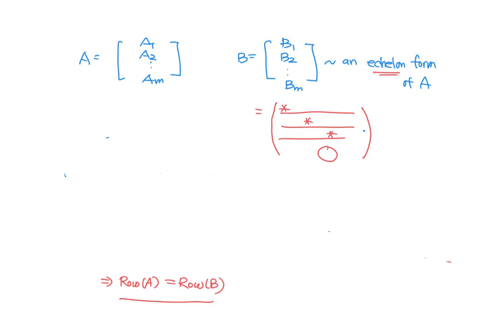That will be the shape of this echelon form. These non-zero rows of the echelon form are linearly independent.